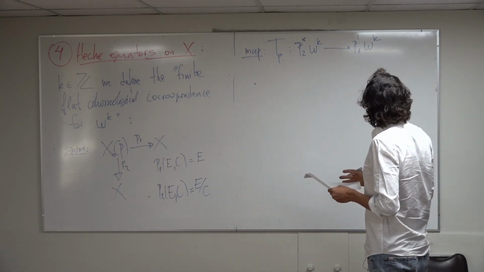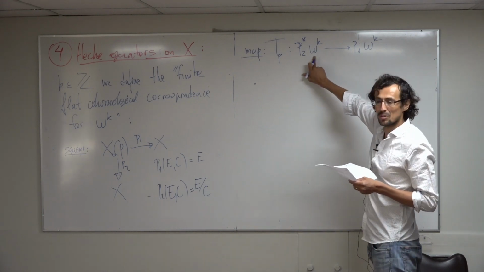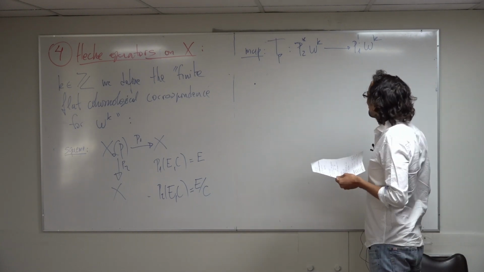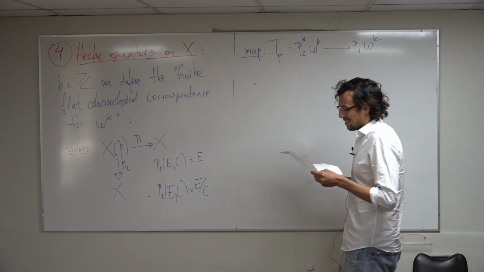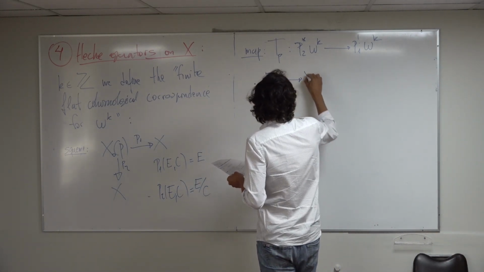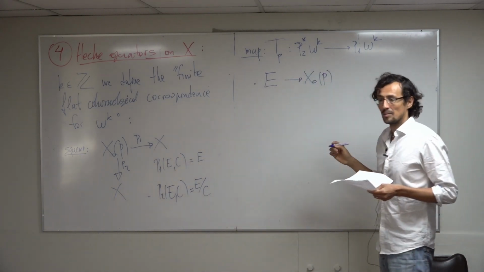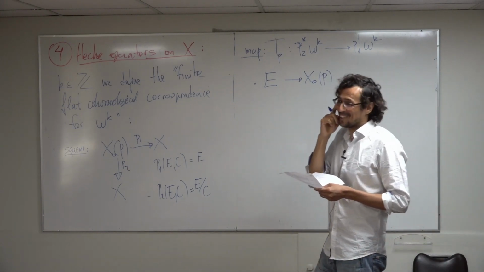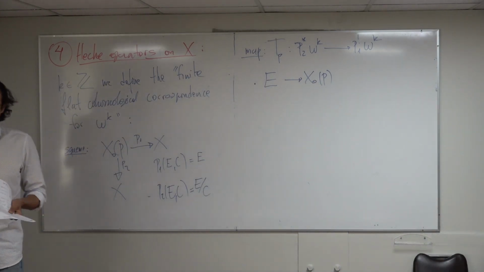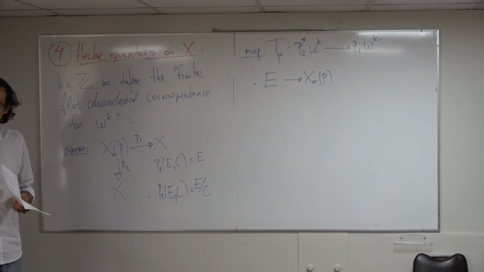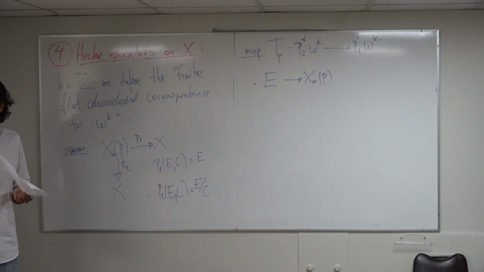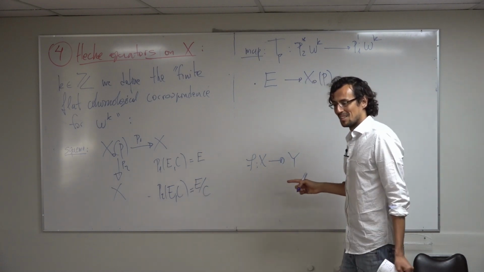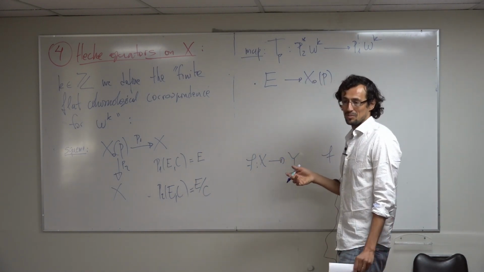To produce this map, we need to remember the definition of this W. Omega, in fact, it's a Greek letter. Omega is the invariant differential of the universal object. So consider the universal object of X0P. If you have a morphism between two schemes, you have several functors between coherent sheaves.